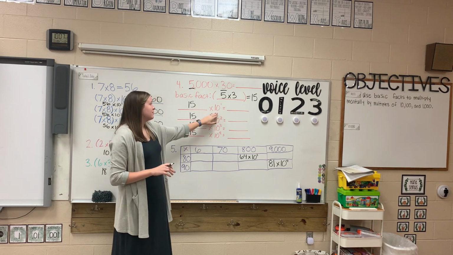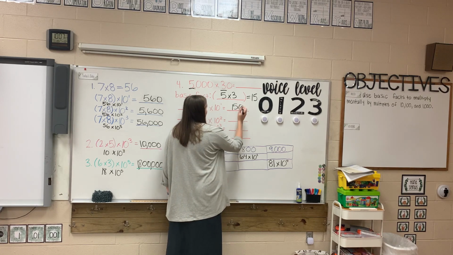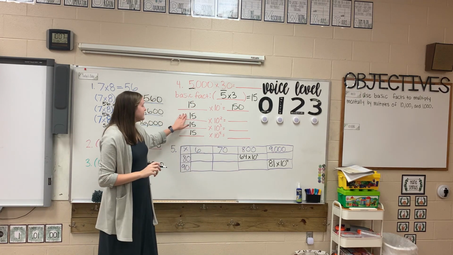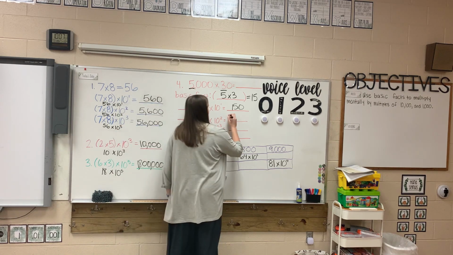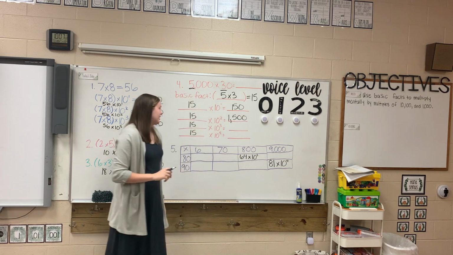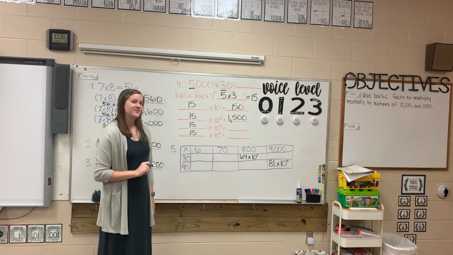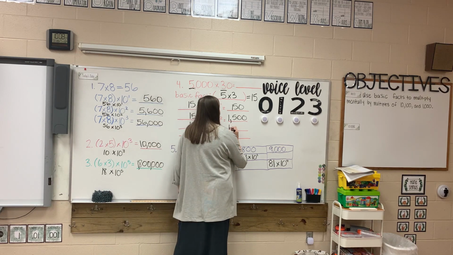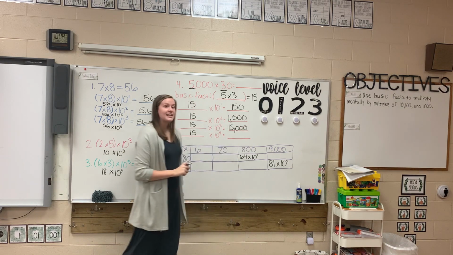So let's start. 15 times the first power of 10, 150. 15 times the second power of 10, 1,500. 15 times the third power of 10, 15,000.